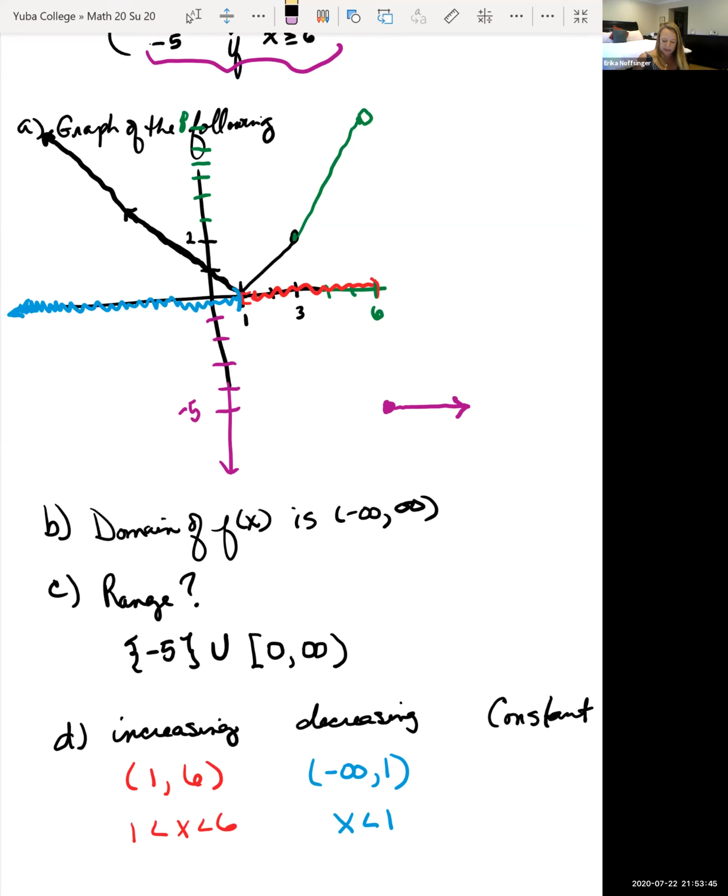And then it's constant. That's where the graph is horizontal. It's when your y value is always the same. Your y value is always the same from x equals 6 to infinity. Another way to state that is x is greater than 6, or greater than or equal to.